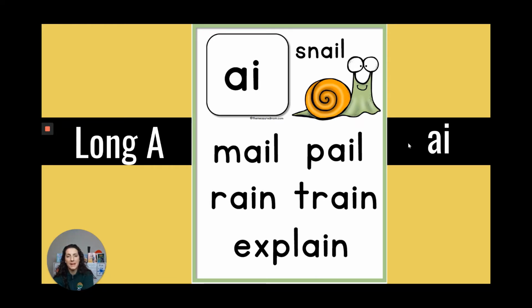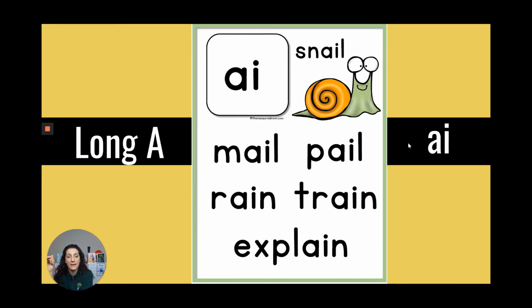The mail that we have here, M-A-I-L, is the mail that the mailman brings to your house, right? The mail in the form of a letter. M-A-L-E, male, sounds the same, but that means male, female, boy, girl. So male means boy or man. This mail on our list, M-A-I-L, is the mail that the mailman brings you.